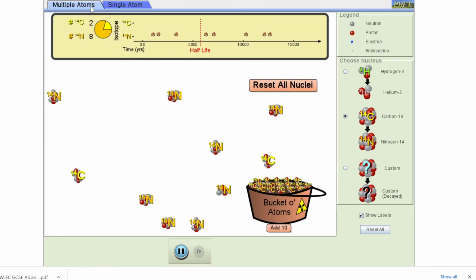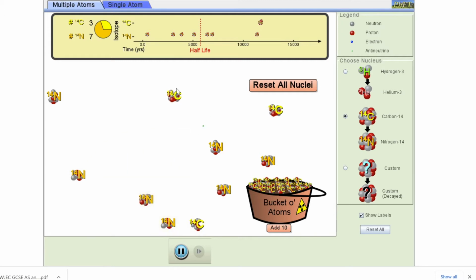But what we can do is use this here, and we can have 10 atoms. Look at this model here. We've got 10 carbon-14 atoms, and randomly different ones are popping like your bubble bath, or almost like popcorn. And you can see the electrons being kicked out. And how many have we got left?